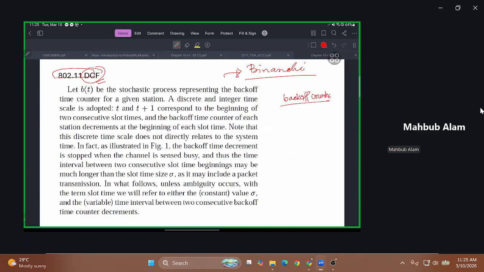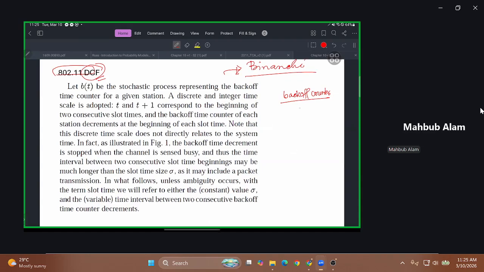After every successful transmission or after a collision, any station sets a backup counter value uniformly in between 0 to some maximum, the window size.